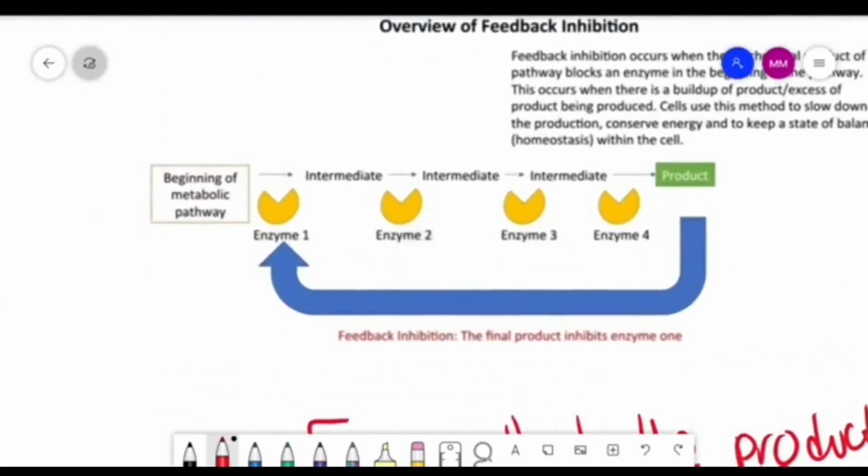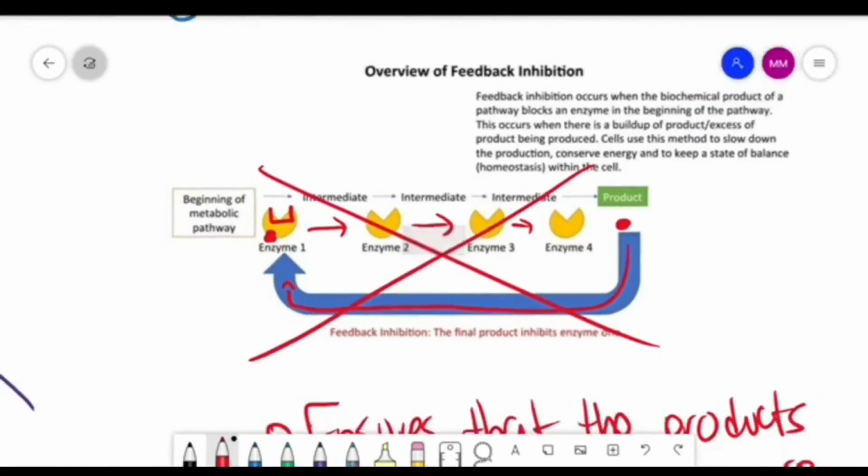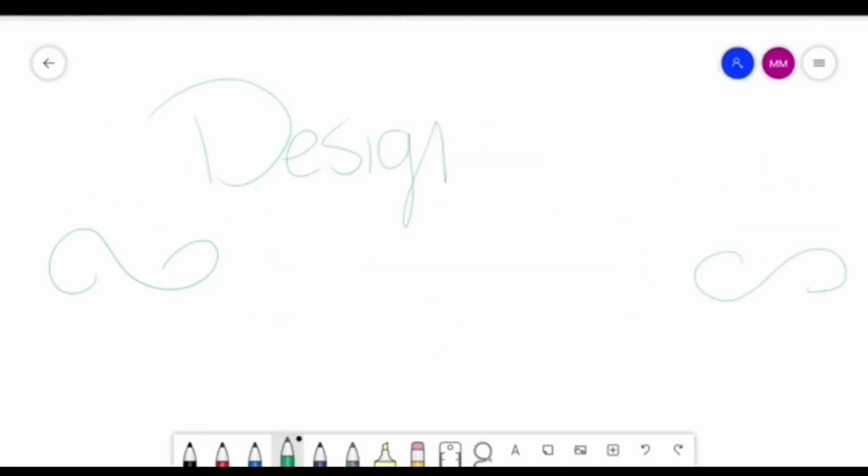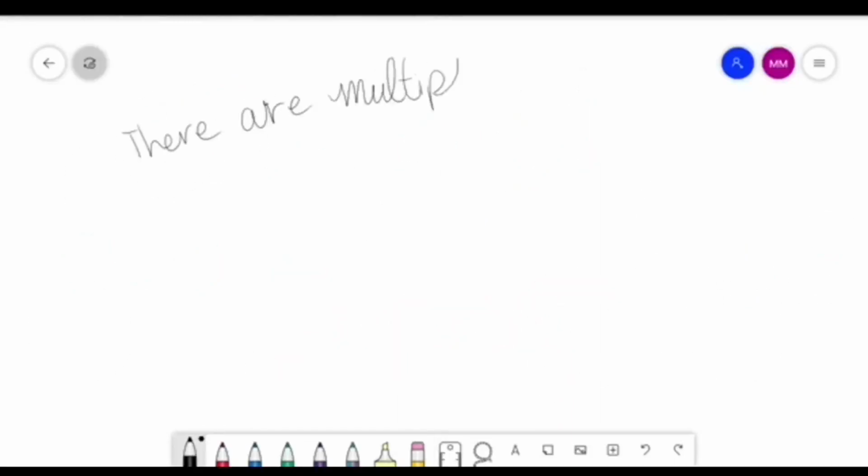If we take a closer look, let's say this is the pathway and it produces this circle as the product. This can then bind to the allosteric site if there are too many, and then change the active site to momentarily pause the pathway.